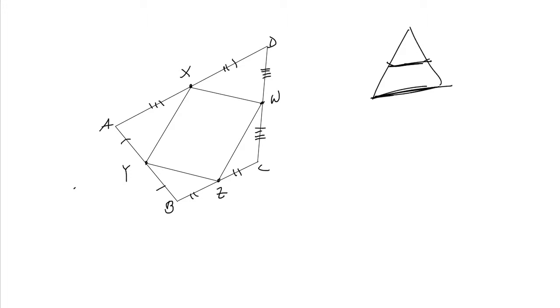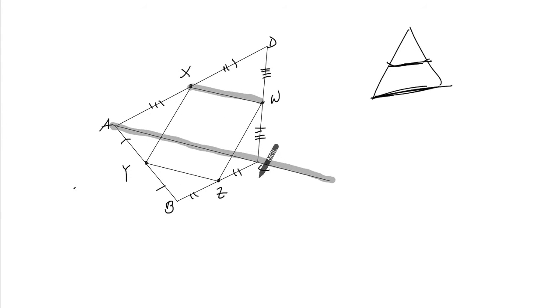Okay, so let's draw another line through A to C. I'm going to highlight that line. If you look above that line, we have a triangle. And this line here is no different than the line connecting the two midpoints. So these two lines are actually parallel. Okay?